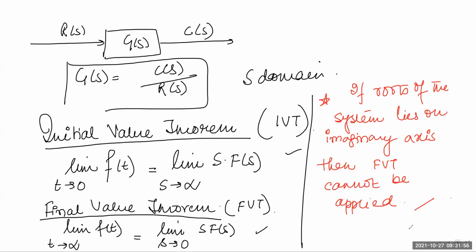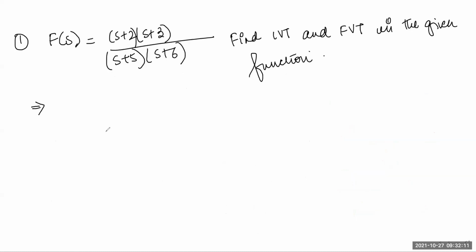In IVT, in my output, you have S tends to infinity, right? And in FVT, you have the limit S tends to 0. So let us first do the FVT part.